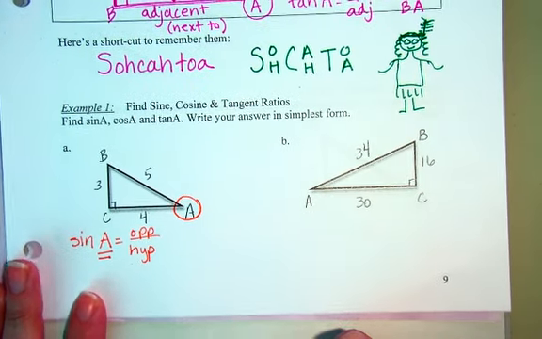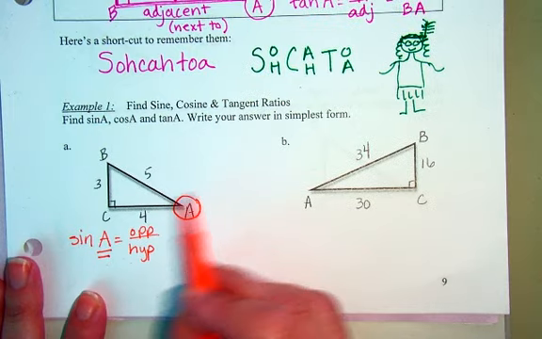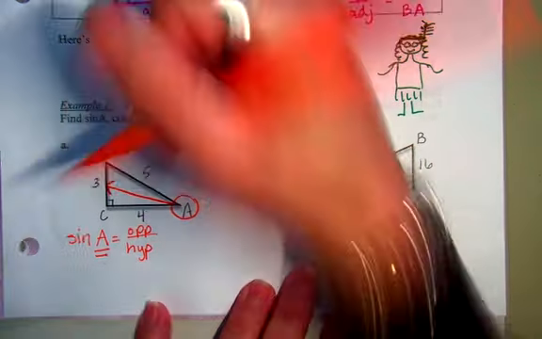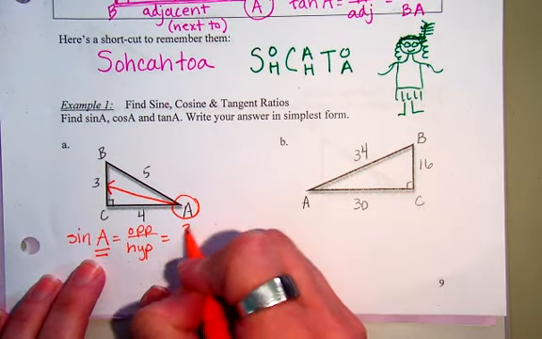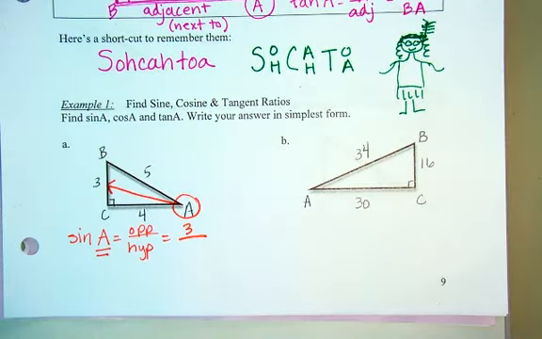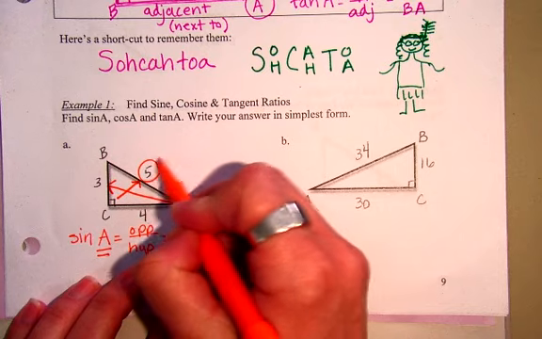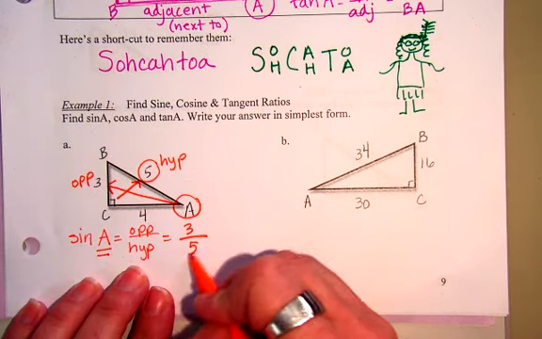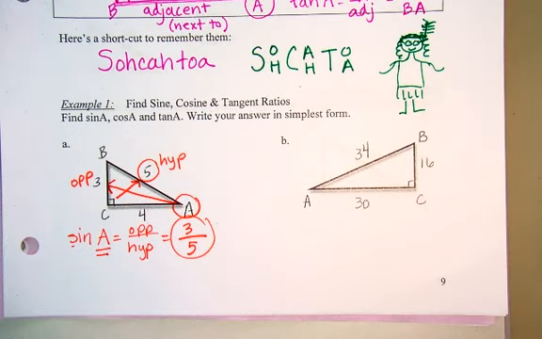Which side is opposite from angle A? Take your circle and go straight across. 3. Which side is the hypotenuse? 5, straight across from the right angle always. So my answer for the sine of A is 3/5. Done. That's how easy this is.